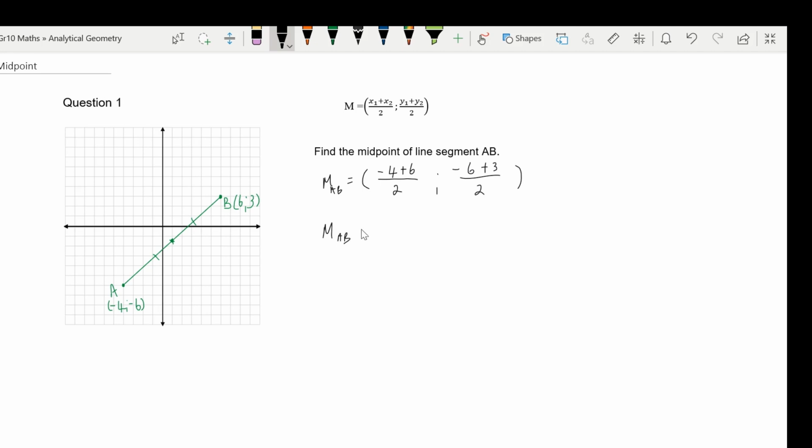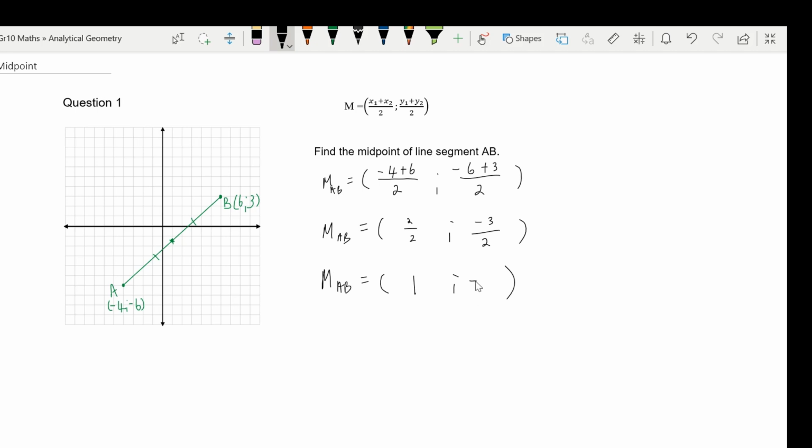So the midpoint will be, if we put that together, that would give us 2 over 2. And this one would give us negative 3 over 2. And let's just show one last step where I'm just going to simplify that a little bit further, because my 2 divided by my 2 would be 1.